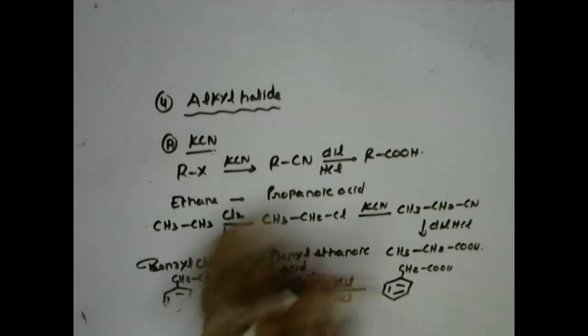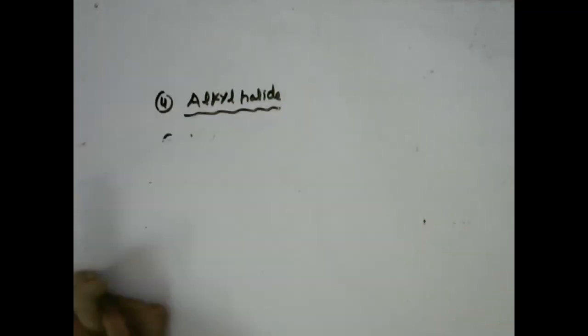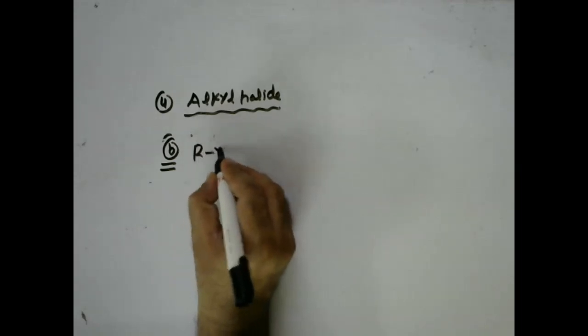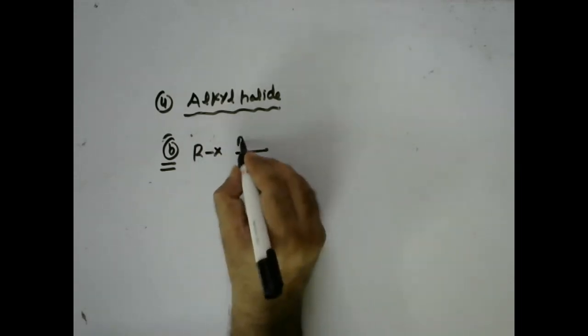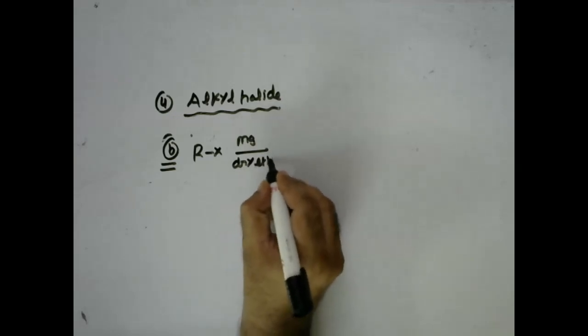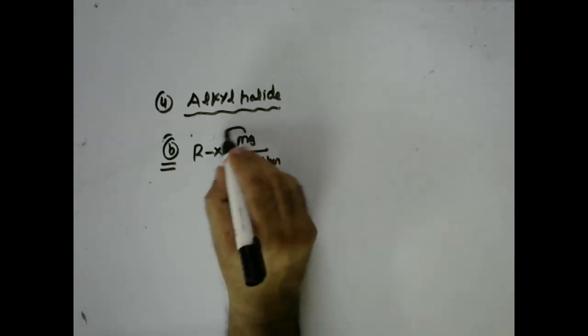There is one more method of converting alkyl halide into carboxylic acid, and again it is a step-up reaction. It is by a Grignard reagent. We start with alkyl halide. We put Mg, dry ether. You know what is going to happen when you react with Mg in the presence of dry ether? Magnesium is going to add up over here.